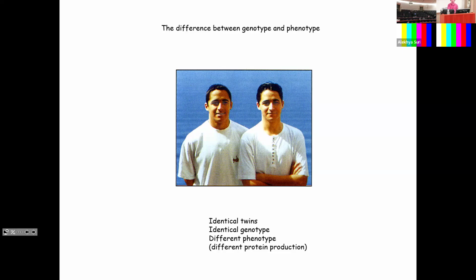If you, for example, genotype the cell types, the blood, for example, you will end up with an identical genotype, but the phenotype is different. And it has to do with the intrinsic variability of the individual, but also the environment. The environment makes a difference in the phenotype.